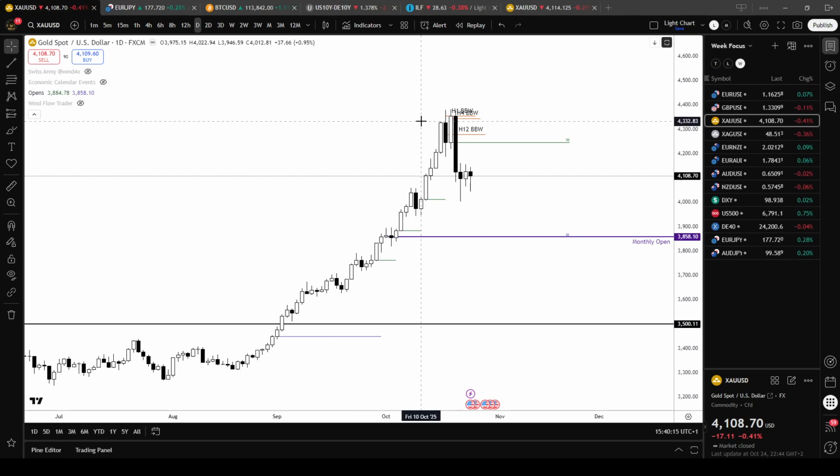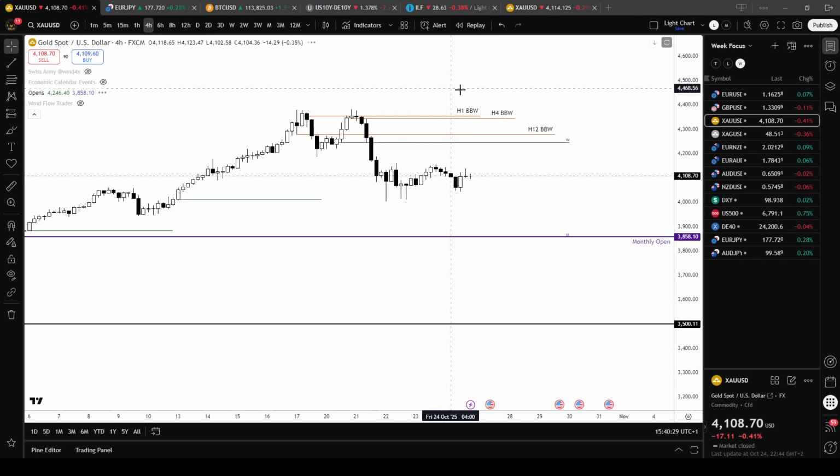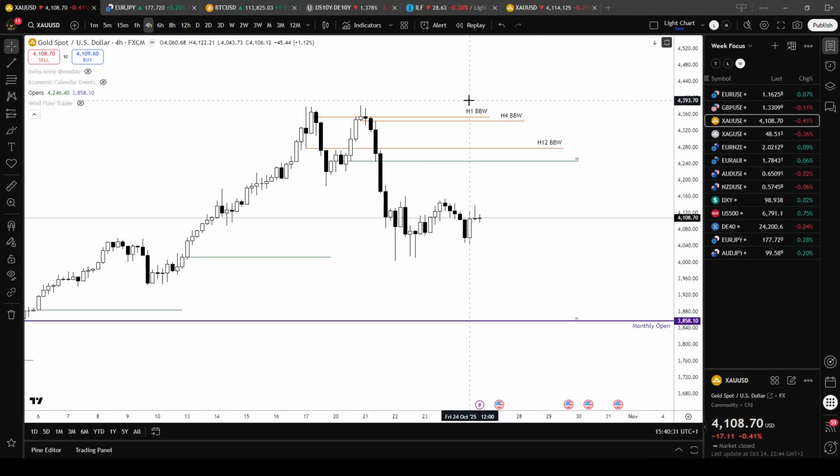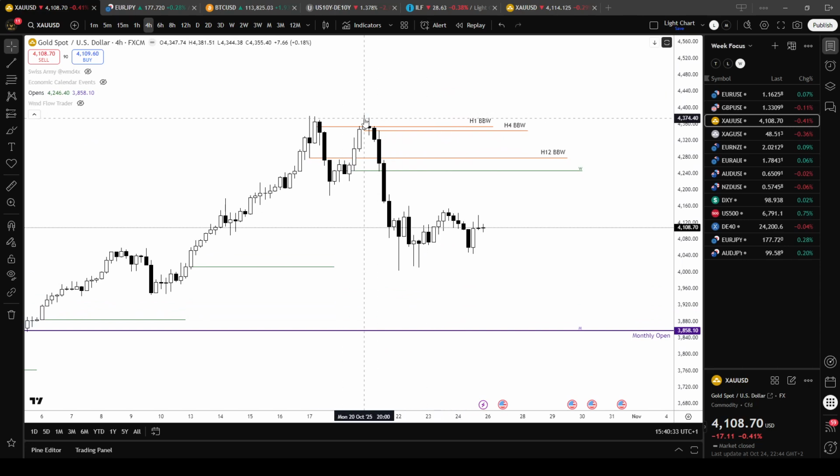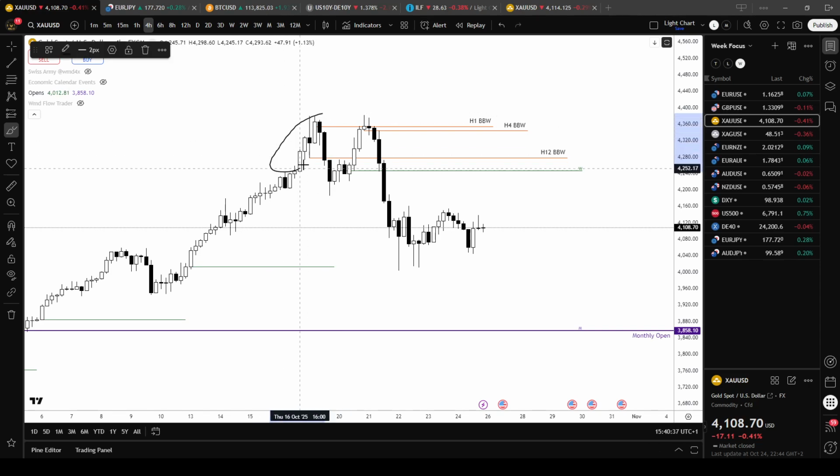I think it rose like 79% this year, or 70, around that. And there was a lot of euphoria. You would see queues of people waiting to buy gold around this area here.